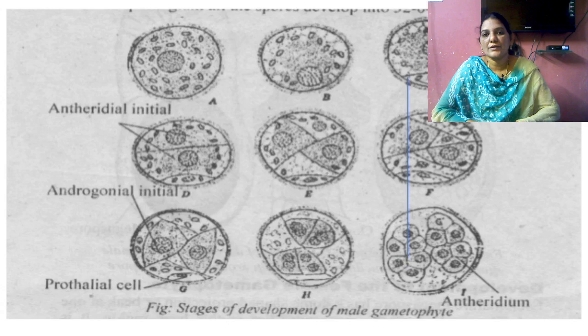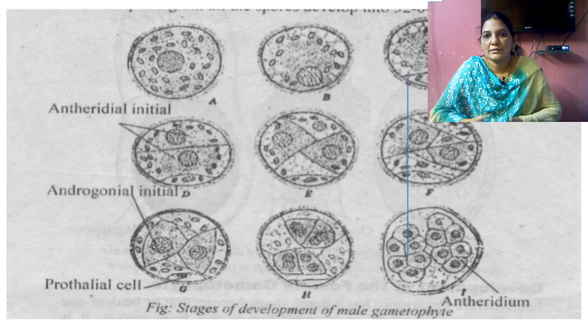They divide again several times and produce 16 androgonial mother cells, separated from each other in two rows. 8 mother cells are present on one side, and 8 androgonial mother cells are present on the other side.